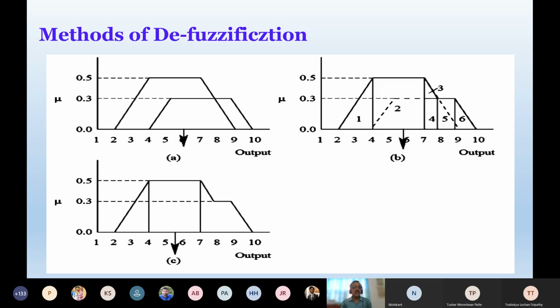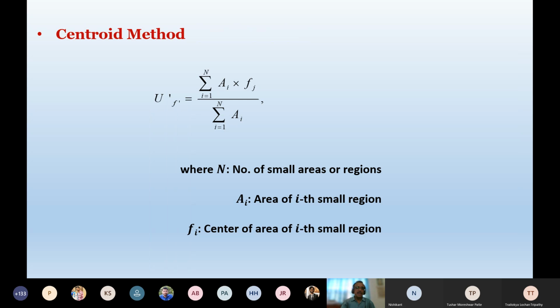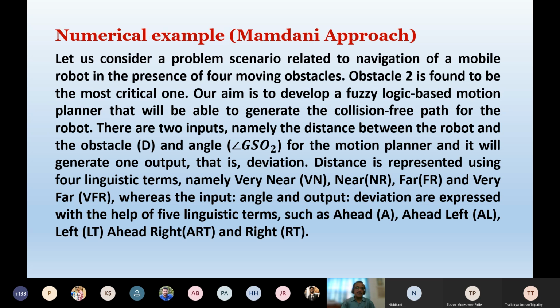I hope I am clear to all of you. Now, based on this information, I'm going to solve one numerical example. This numerical example is very simple. I have taken it from the motion planning of a mobile robot, a very simple mobile robot, like a point mobile robot.